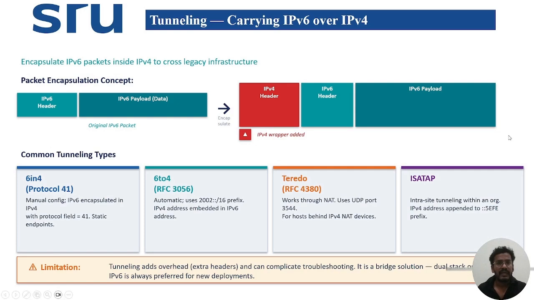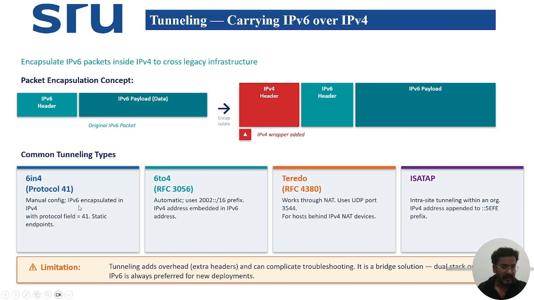So tunneling carries IPv6 over IPv4: the IPv6 header, then the payload as IPv6, then it encapsulates using an IPv4 header, and again the IPv6 header on the receiver side. Common tunneling type is 6in4, using protocol 41.